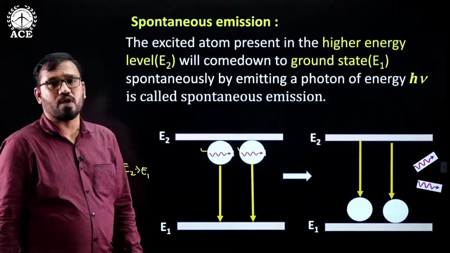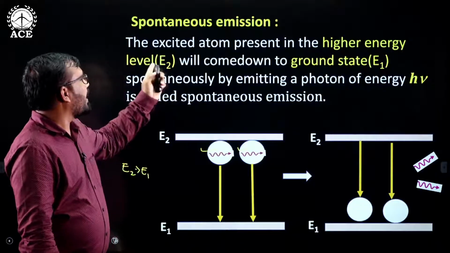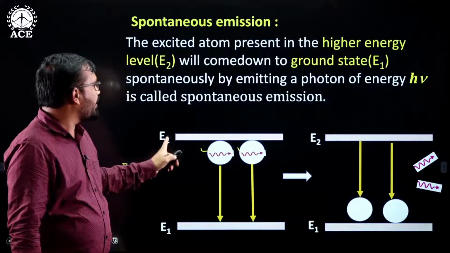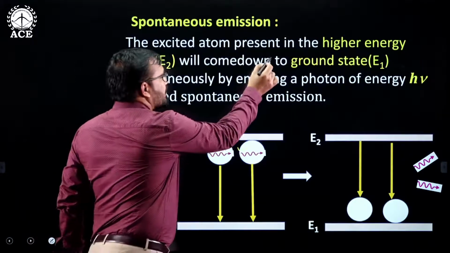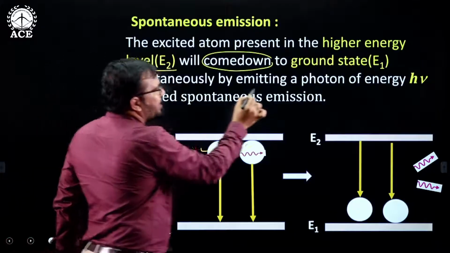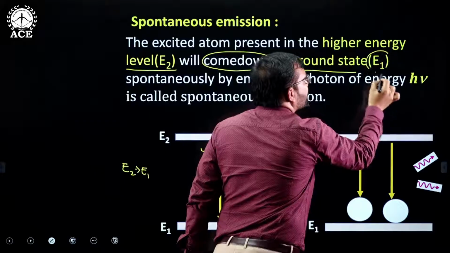This is the third quantum process. See here, this is spontaneous emission. The excited atom present in the higher energy level E2 comes down. From where to where is the atom coming? From level E2 to the ground state. What is the ground state here? The ground state is E1.